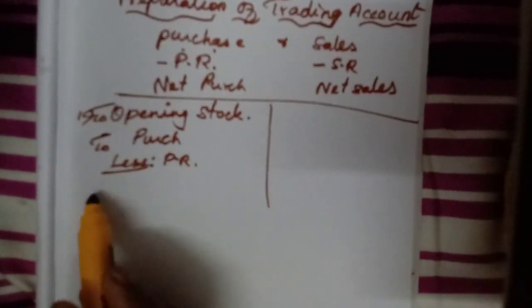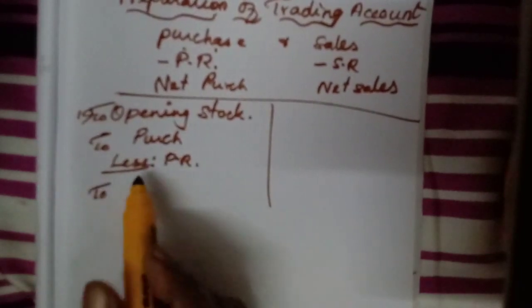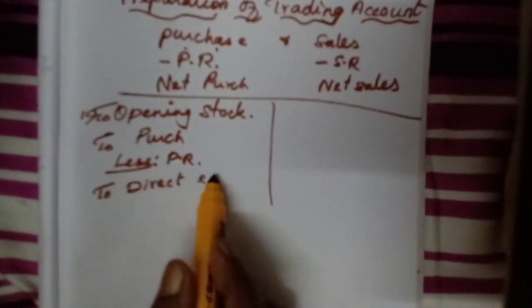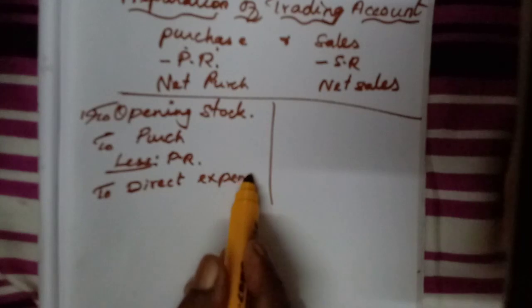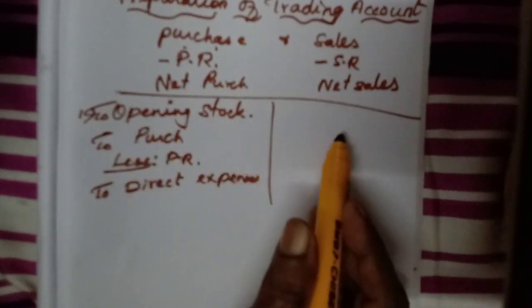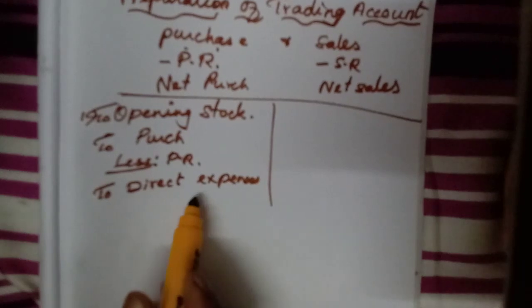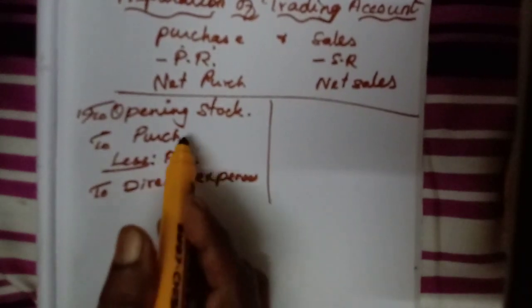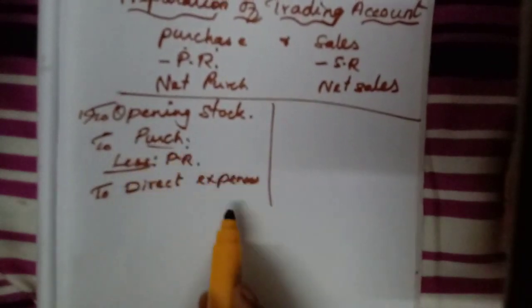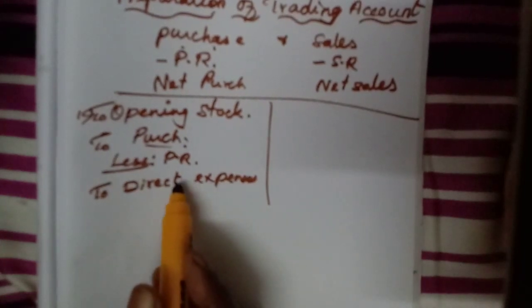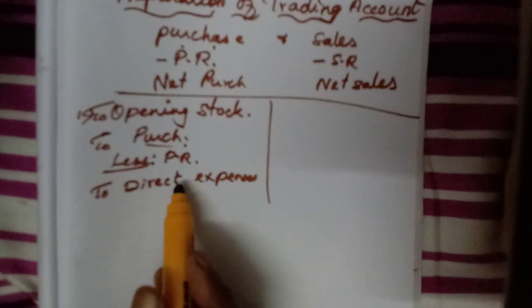Then we need to add the expenses. Here the direct expenses we have to take. So here 2 pages you have to use, left side, right side. Here direct expenses means all the expenses related to the purchase of goods. Not selling of goods, only purchase of goods. Then office expense, administration expense, selling expense should not be taken.